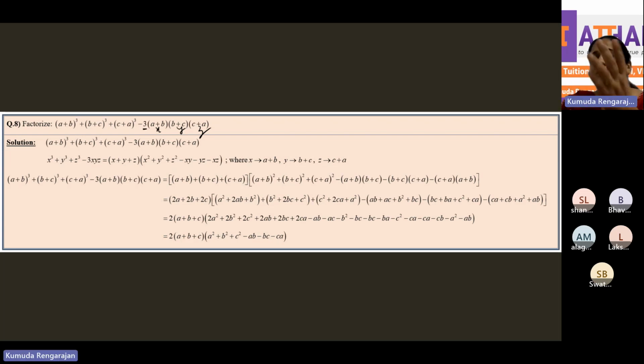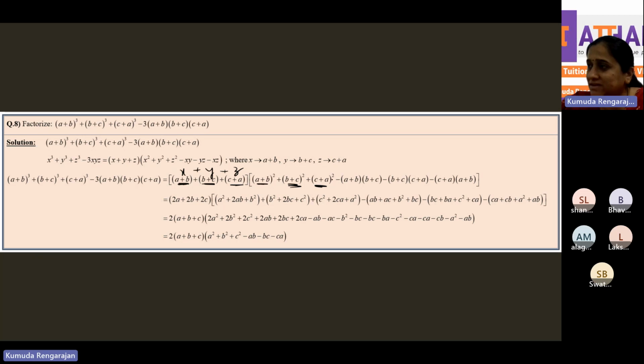So what's the identity? What's the answer? It's (x plus y plus z) into (x square plus y square plus z square minus xy minus yz minus zx). Here x plus y plus z is (a plus b) plus (b plus c) plus (c plus a), and x square is (a plus b) the whole square, plus y square, plus z square.